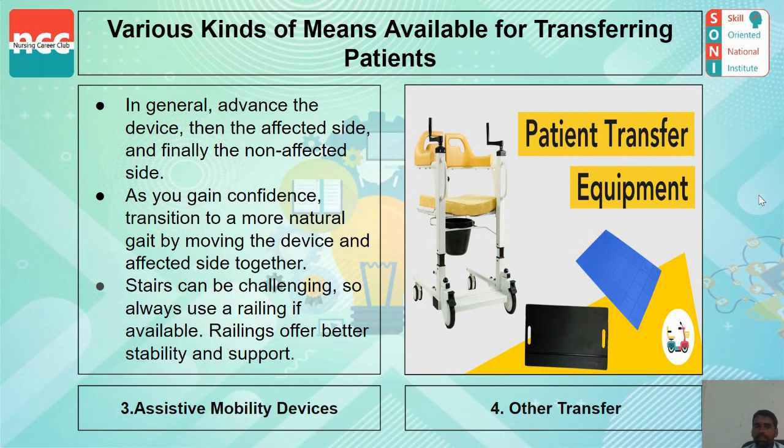Stairs can be challenging, so always use a railing if available. Railings offer better stability and support. If we are going to another floor of the building, then the patient should use the railings, and the patient and the HHA should take the help of railings because railings are better than the stairs.